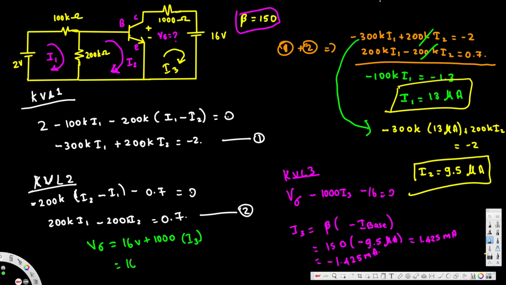So 16 voltage plus 1000 times negative 1.425 milliampere. And when we simplify this one, this is going to be 16 voltage minus 1.425 voltage. That's equivalent to 14.575 voltage. And that's the V sigma.